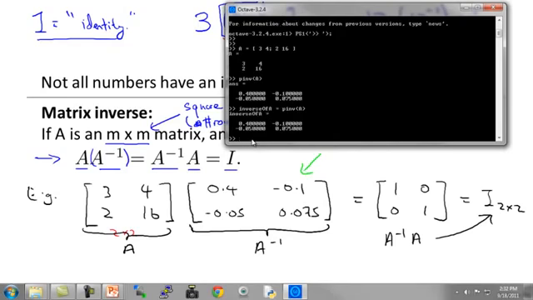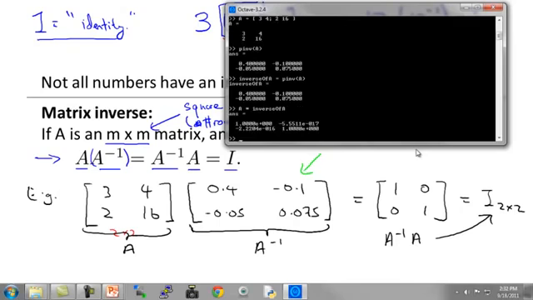I can now just verify that A times A inverse is the identity. So A times inverse of A, and the result of that is this matrix. It has 1, 1 on the diagonal, and essentially 10 to the minus 17, 10 to the minus 16 off the diagonal. So up to numerical precision, up to a little bit of round-off error that my computer had in multiplying these two matrices, these numbers off the diagonal are essentially 0.